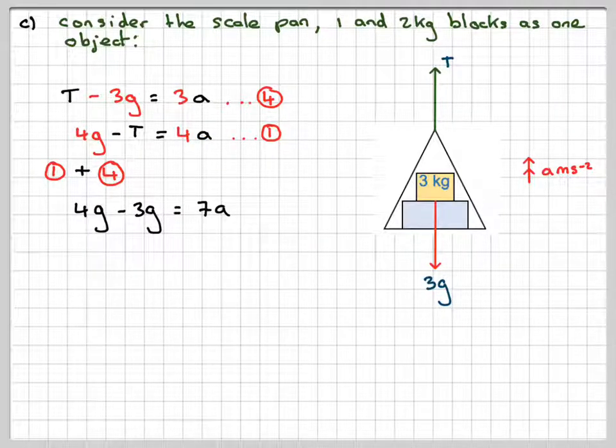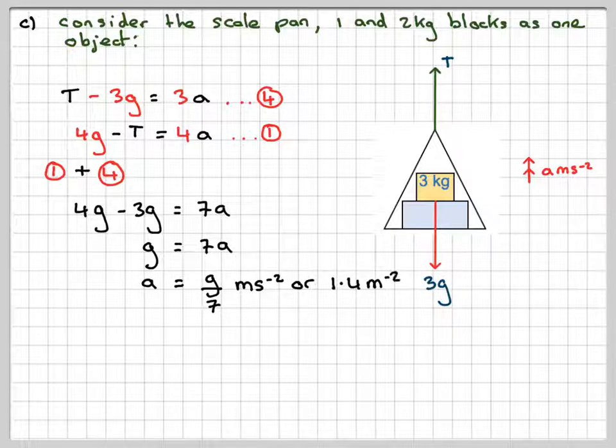So that will now allow me to calculate a, because 4 minus 3 gives me 1g is equal to 7a, and therefore a will be g over 7, if we want an exact answer, or the decimal equivalent 1.4 meters per second squared.